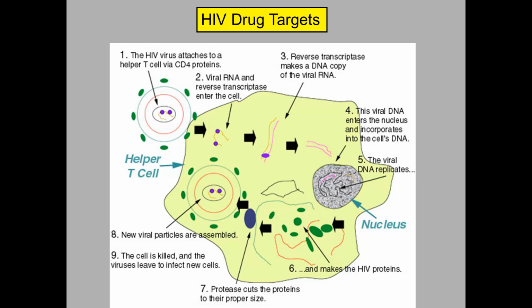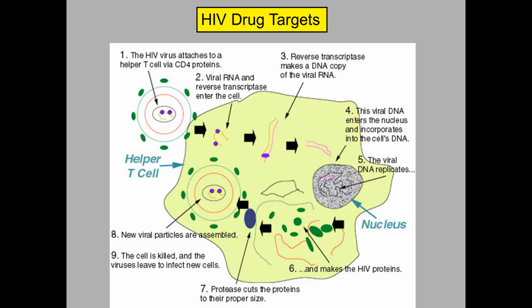Some of the aspects of the HIV drug target is that the HIV virus has a specific CD4 interaction that it works with. It attaches to the helper T cells through these CD4 proteins.